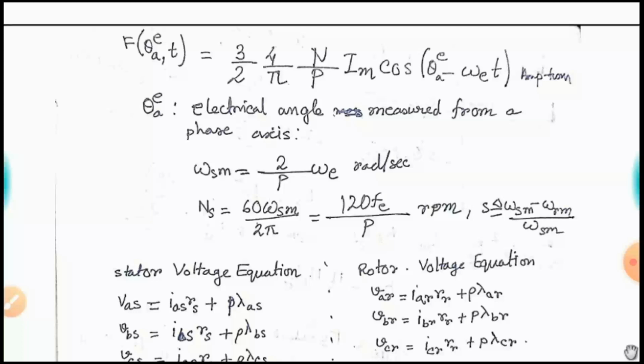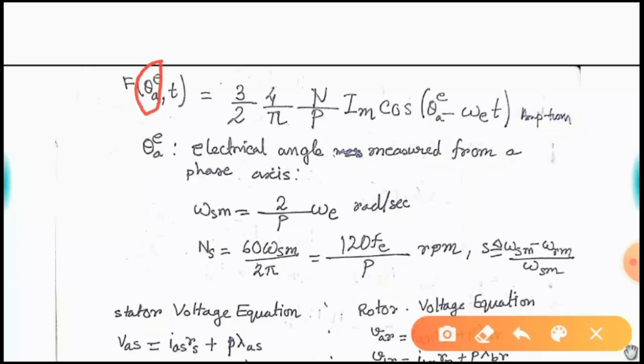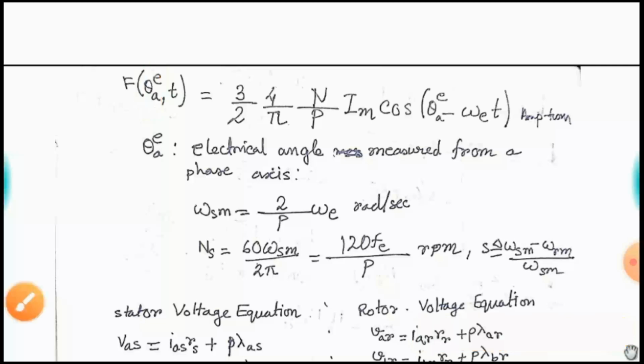In this rotating magnetic field, you can see that this first term, theta EA, is the angle measured from your A phase axis. So the total equation we can get is something like this. This 3 by 2 we are all acquainted with.